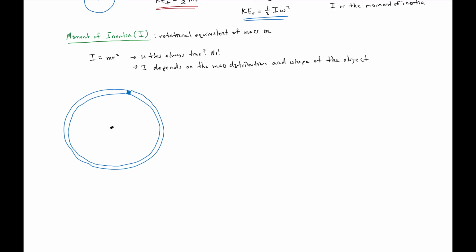So I have an axis of rotation, and I have a hoop of total mass m, and a radius being capital R. In order to figure out the total moment of inertia, we would need to break up the entire object into infinitely small elements and consider their individual contributions to the total moment of inertia.